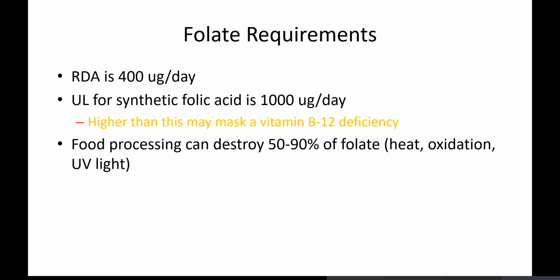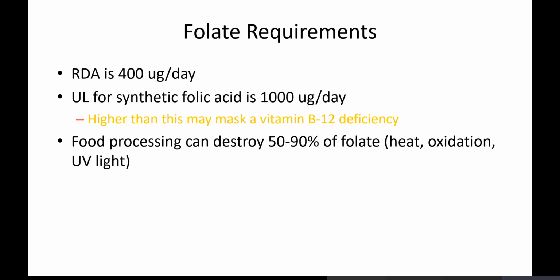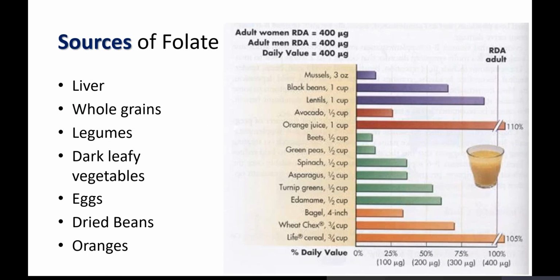Food processing can destroy 50 to even 100% of folate because of heat, oxidation, and high temperature. If you look at the dietary sources, folic acid is widely distributed in nature. The rich sources are green leafy vegetables, whole grains, cereals, liver, kidney, yeast, and eggs.